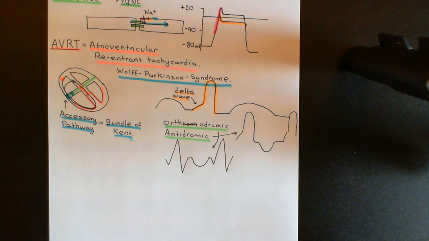So beta blockers can be used. Again, we know how they work. They will block the beta-1 receptors, block sympathetic tone, which will then lead to a reduction in the rate at which action potentials are conducted along the AV node cells. We can use calcium channel blockers. We again know that those block L-type voltage-gated calcium channels and reduce the rate at which saltatory conduction will propagate along the atrioventricular nodal cardiomyocytes.